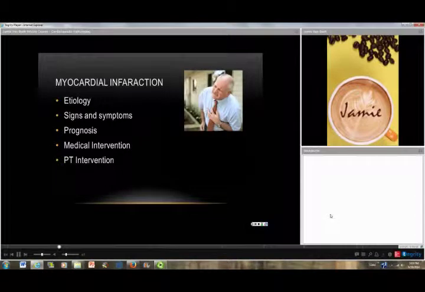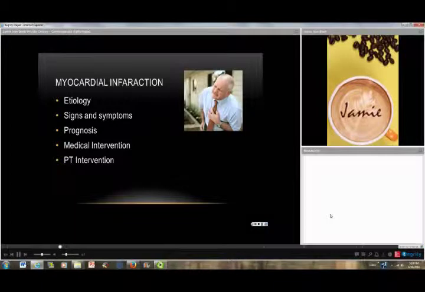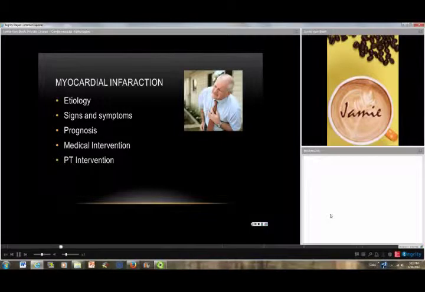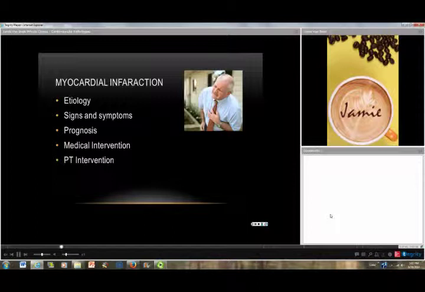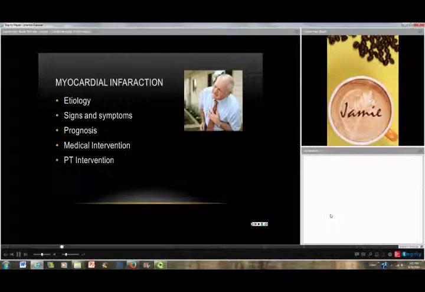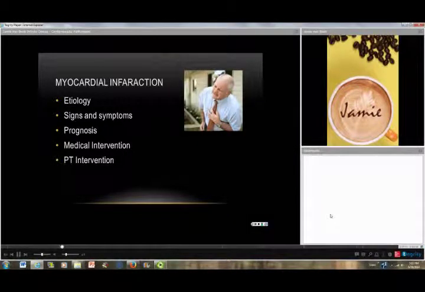The next one is an MI, or a heart attack, and let's talk about that a little bit. Cardiac arrest, or an MI, can be a result of various factors. The heart stopping could be because of a loss of blood to the heart, secondary to a systemic shock or injury causing massive blood loss.